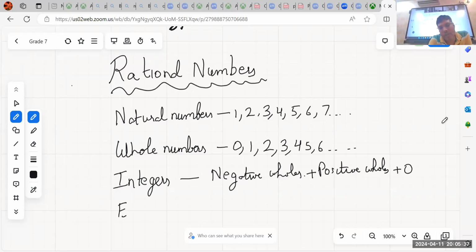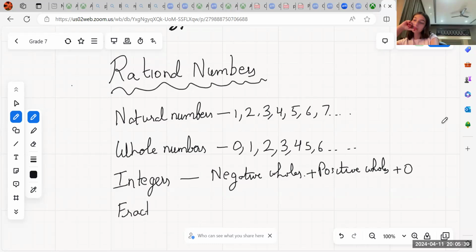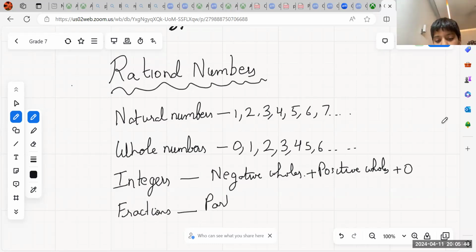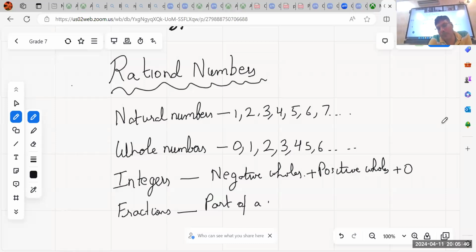What are fractions? Parts of a whole. We can write fractions in the form of p by q, q not equal to 0, and p and q are whole numbers.